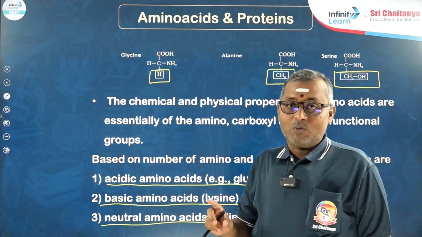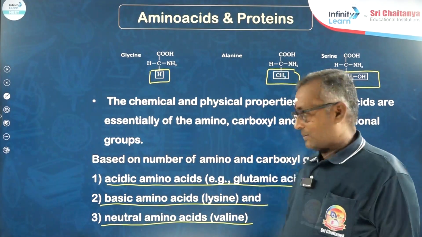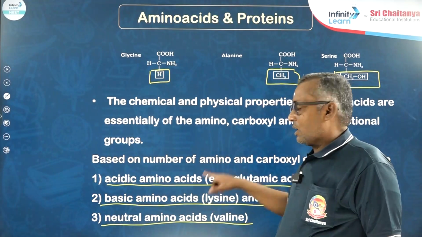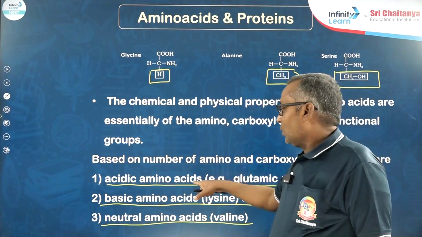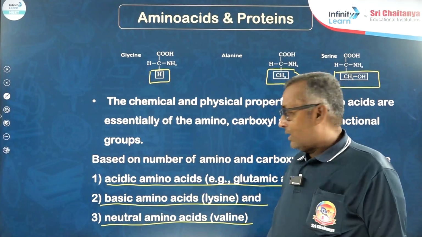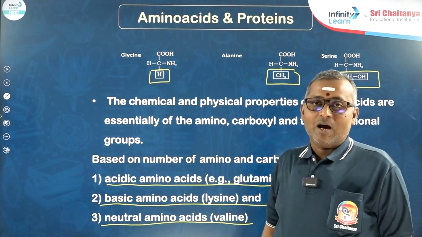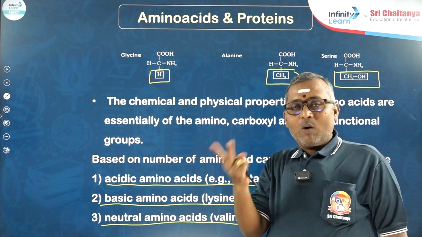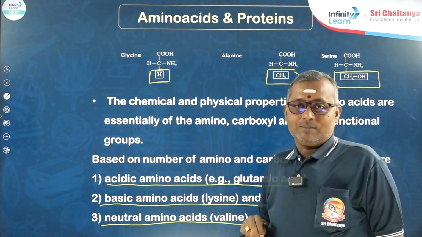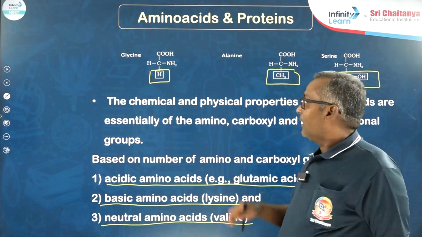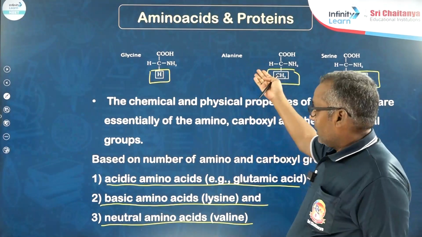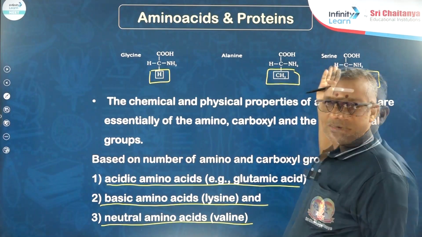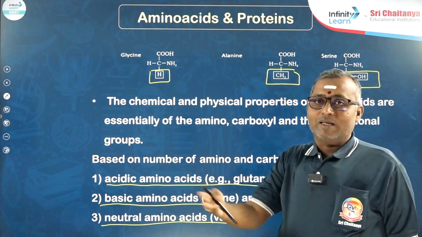I am discussing only proteinaceous amino acids here. Out of the 20 proteinaceous amino acids, 2 are basic amino acids and 2 are acidic amino acids. Neutral amino acids are those where 1 carboxylic and 1 amino group are present. Examples: valine, alanine, glycine, serine. These are all important examples.